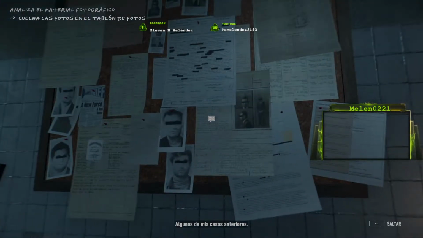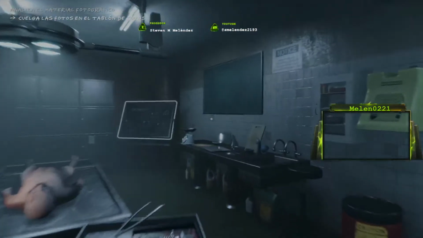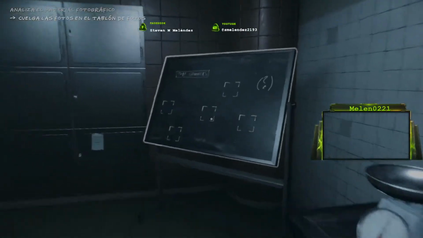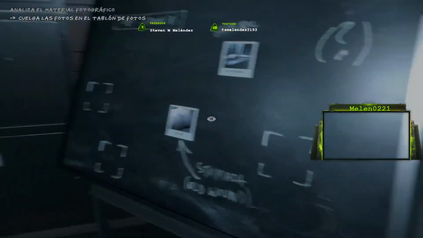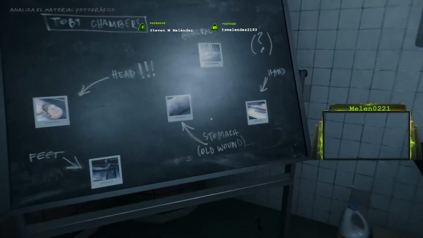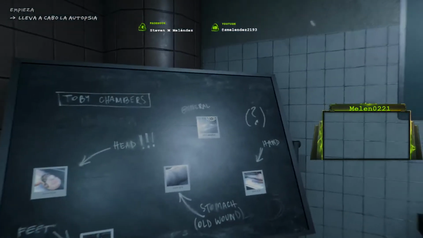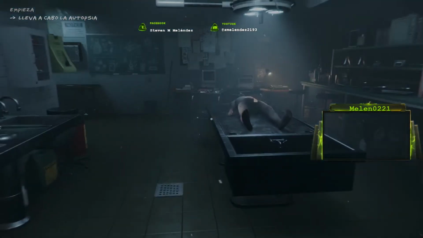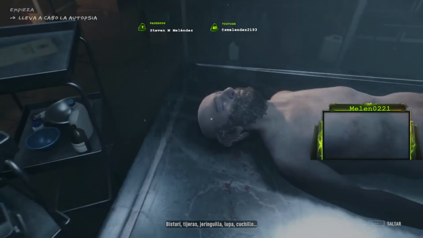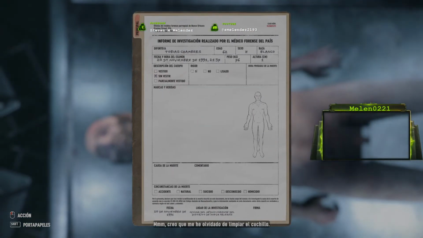Some of my previous cases, a reminder of more prosperous times. Scalpel, scissors, syringe, magnifying glass, knife. I guess I forgot to clean the knife.